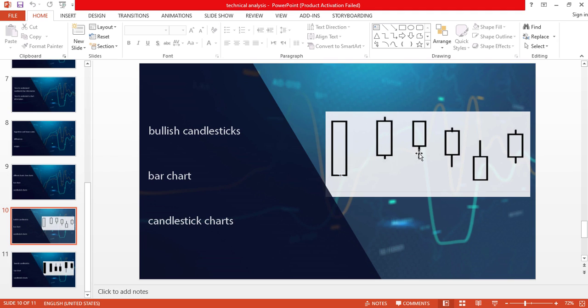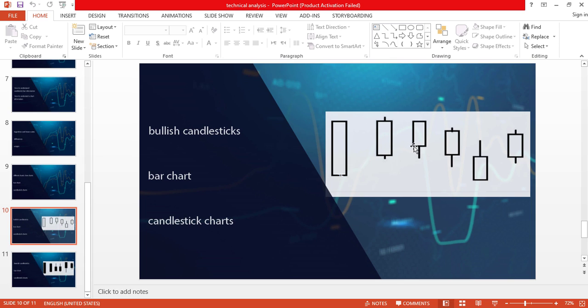Also, it has a long tail, long shadow under the candle. It shows us a little. The market has a little uncertainty, but the traders believe that the prices will increase.